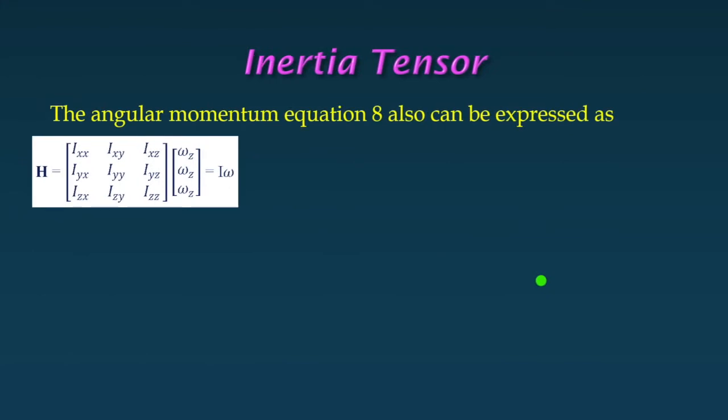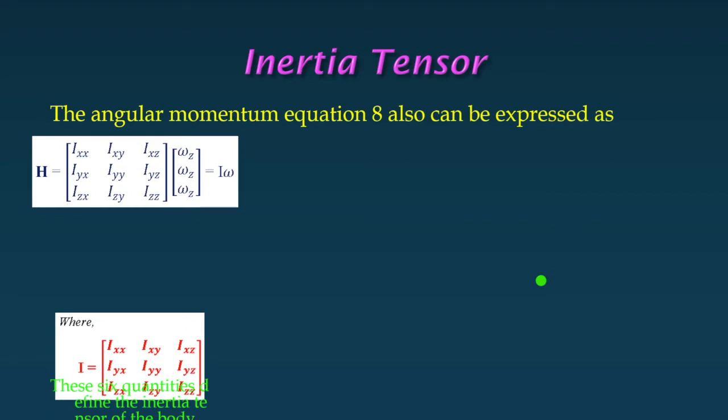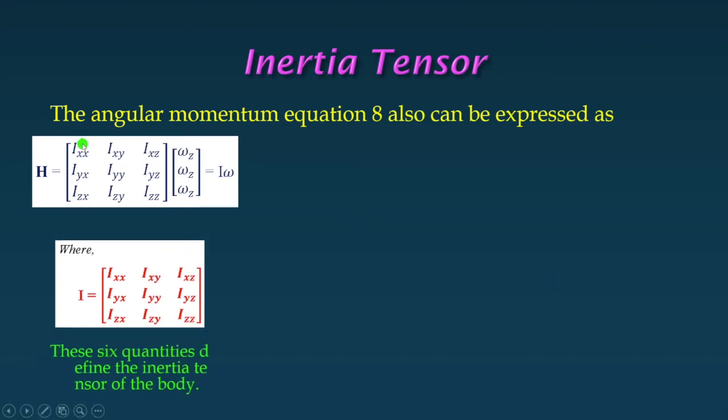Okay. Now that equation can again be written like this in general, where I equals this quantity and omega equals this quantity. So that equation 8 can be rewritten in matrix form like this.